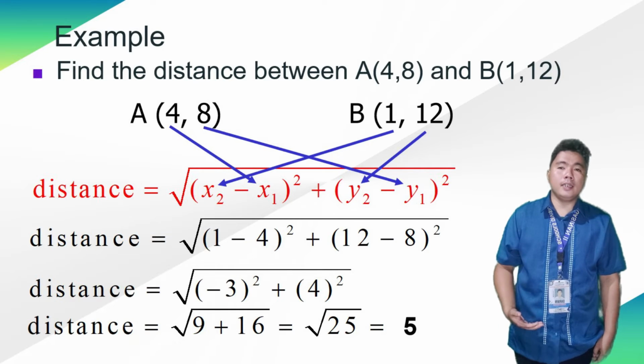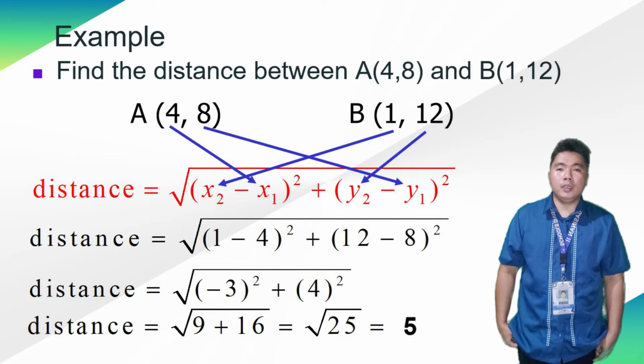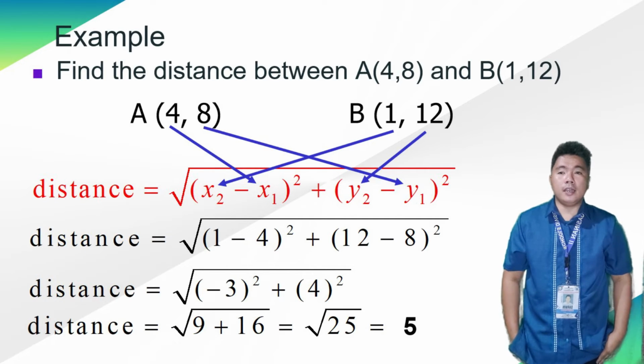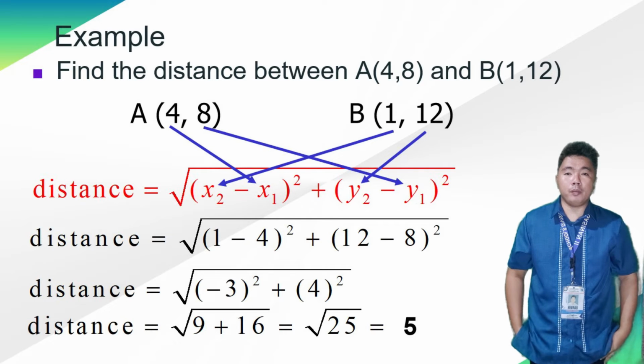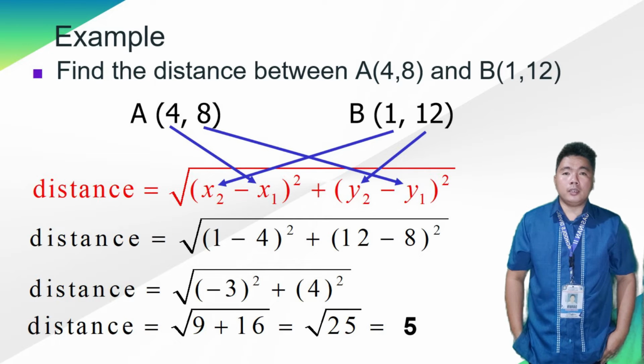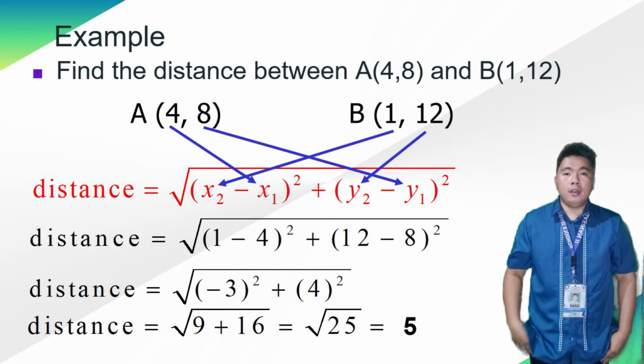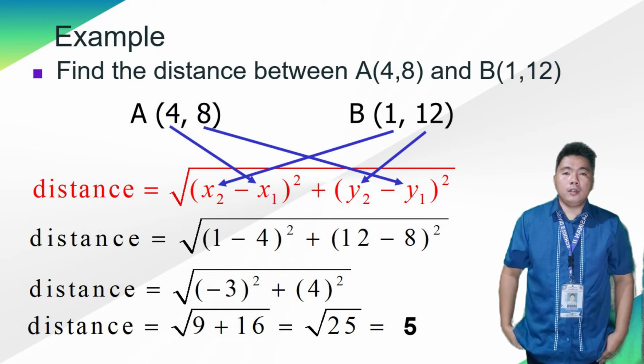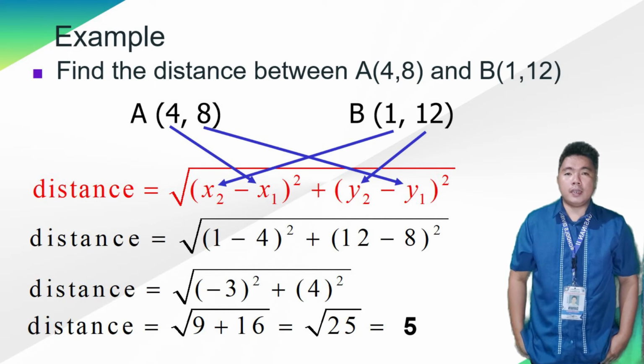So the distance between A and B is 5 units. Remember that in our distance, we are only considering positive.